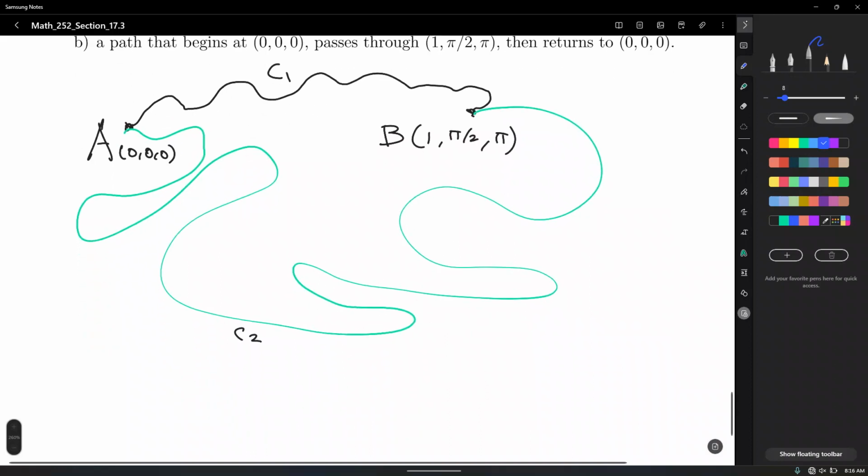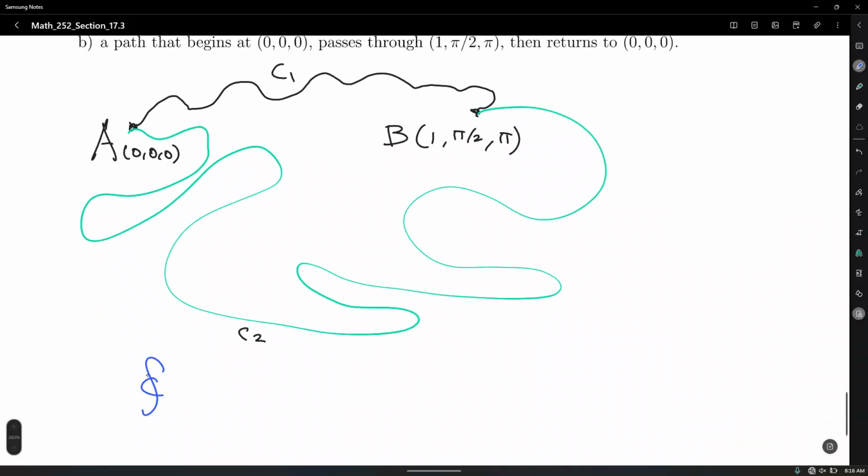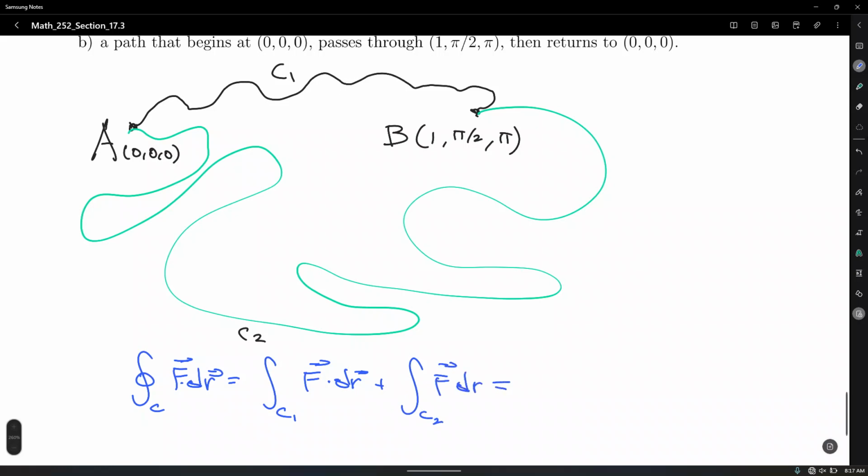So the integral along C of F dr is the same as saying the integral along C1 of F dr, plus the integral along C2 of F dr. And by this definition we had before, this is supposed to be 0. That's our 0. And this finishes the section.